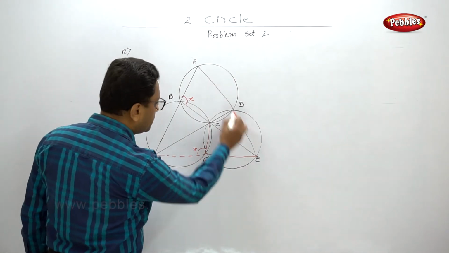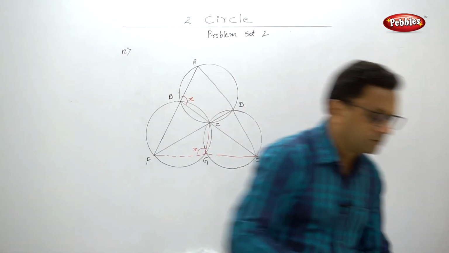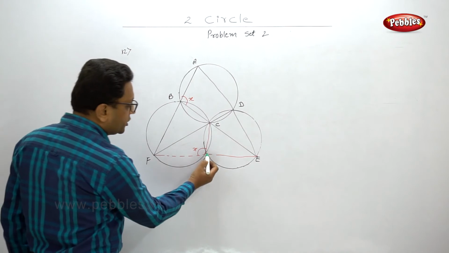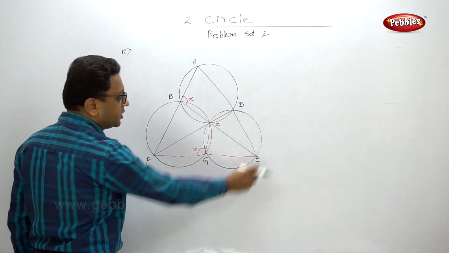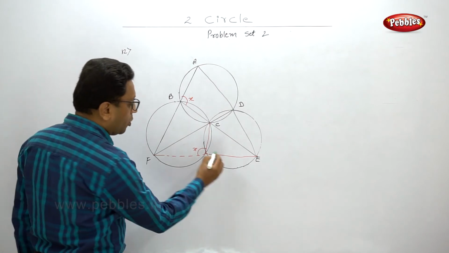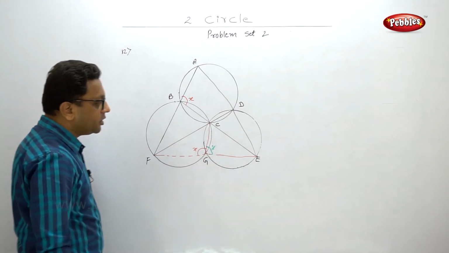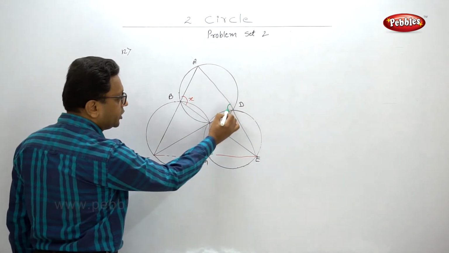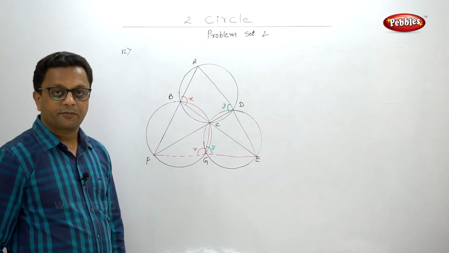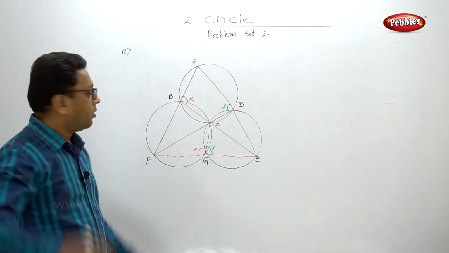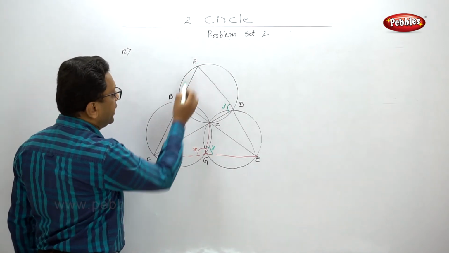Now GCDE is a quadrilateral in this circle. So this angle Y is equal to this exterior angle Y. Correct?